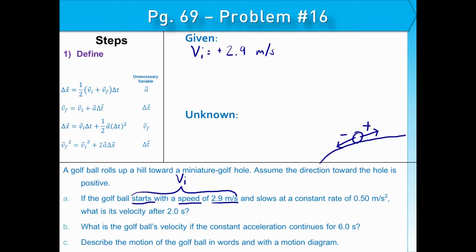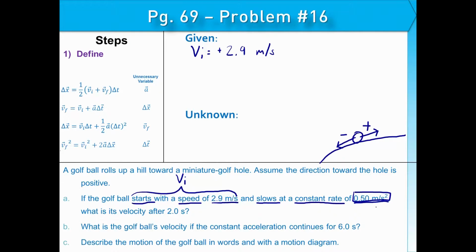And slows at a constant rate of 0.5 meters per second squared. I'm going to underline slows, constant rate, and 0.5 meters per second squared. The most important term here is 0.5 meters per second squared.